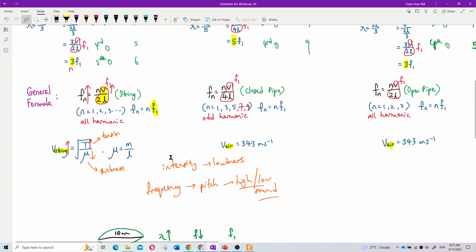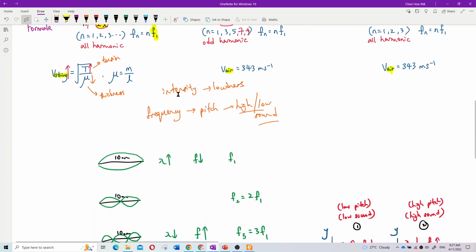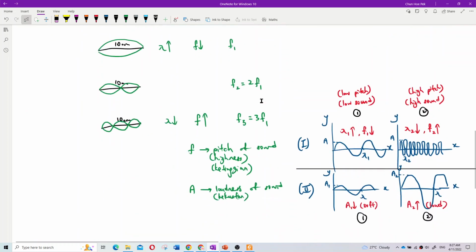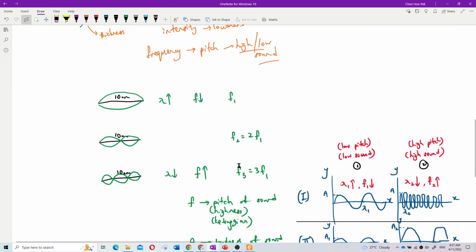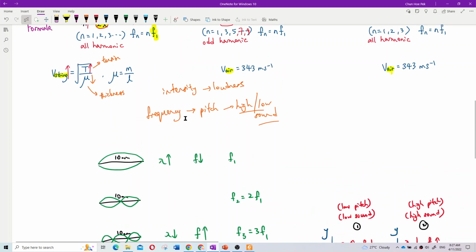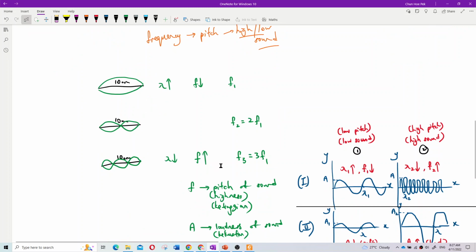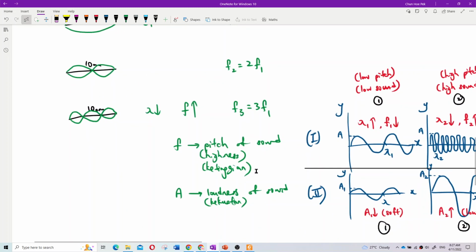So, intensity. Another word for loudness is intensity. Between pitch, frequency, and intensity, there are other terms for loudness. Another term for loudness is intensity. Intensity of sound. Okay. Another word for pitch of sound is frequency of sound.